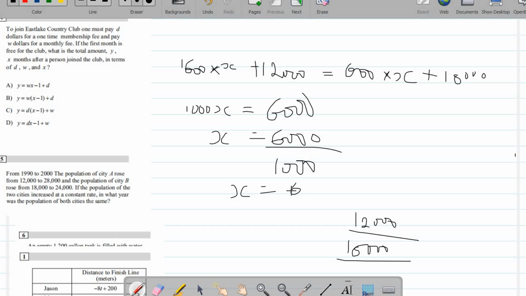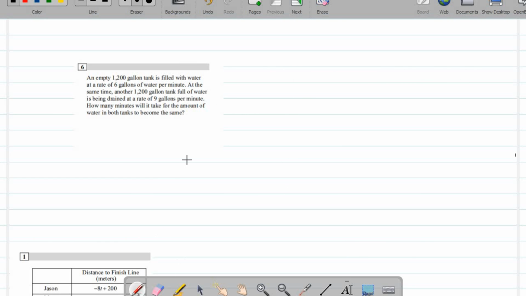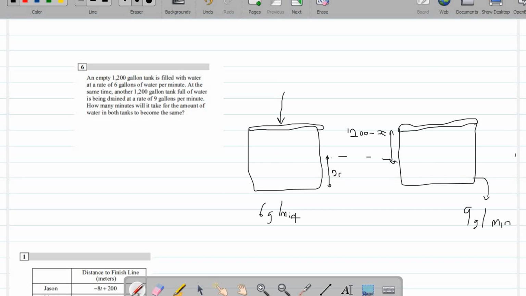So let's move to the next question. So here, question number 6 says an empty 1,200 gallon tank. In order to solve this question, we need to visualize this. See, this tank is being filled at 6 gallons per minute, and it is rising to a certain level x.